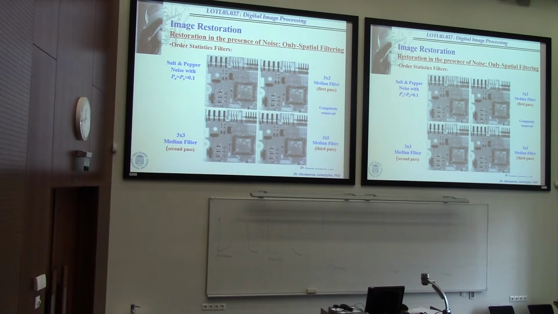Here you can see an example of an image that has had some salt and pepper noise added to it. Then this is the result after applying the median filter. Then when we apply the median filter again on this image, you can see this, it's the second pass, and for the third pass we have this image.